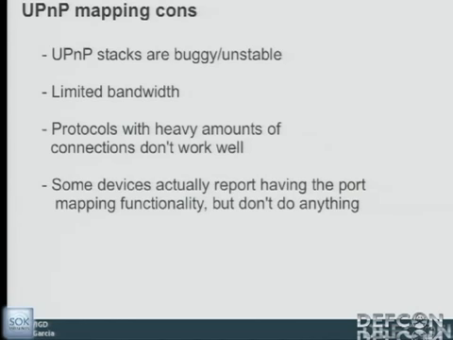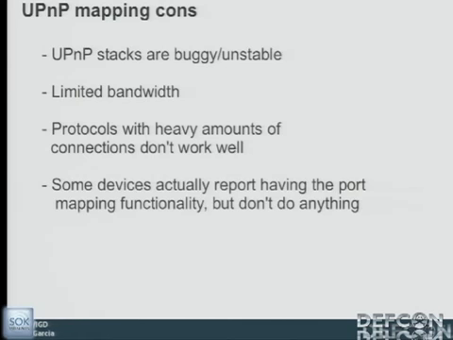But basically, UPnP stacks, even though they're supposed to be a standard, they don't behave to the standard, and they have minor differences. The other thing is that obviously we have limited bandwidth because we're relying on the upload bandwidth of the devices. And also, we have problems with protocols that have a heavy amount of connections.